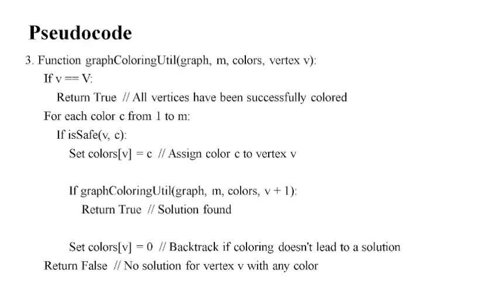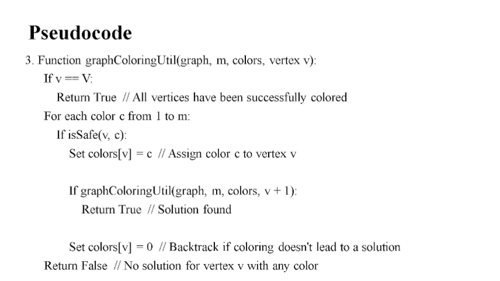Function graphColoringUtil graph, m, colors, vertex v. If v equals V, return true, all vertices have been successfully colored. For each color c from 1 to m, if isSafe of v, c, set colors of v equal to c, assign color c to vertex v.